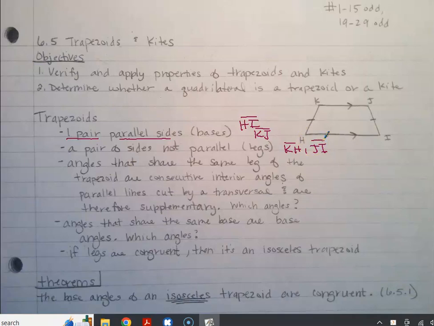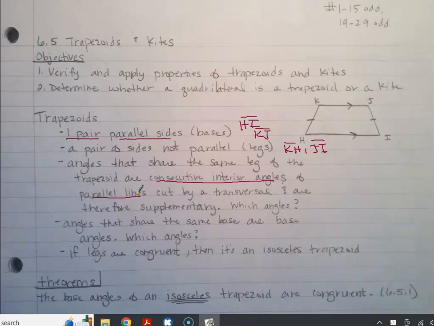Then the angles that share the same leg of the trapezoid are consecutive interior angles of parallel lines. So give me angles that share the same leg of the trapezoid. H and I do not share the same leg.